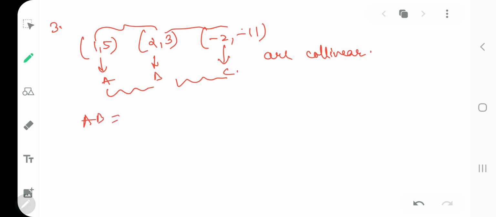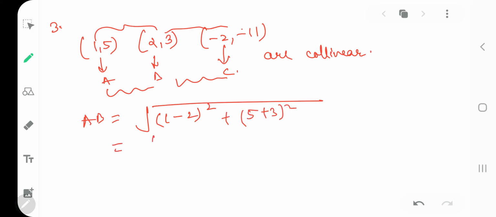Same formula, you will find the distance of AB. So you will go for 1 minus 2 the whole square plus 5 plus 3 the whole square. When you solve this, my dear kids, you will get under root 5. Then you go for BC.